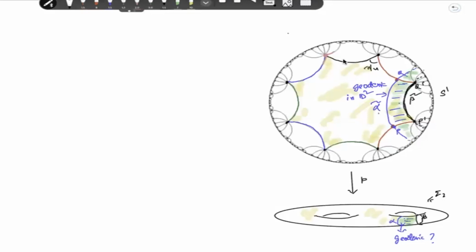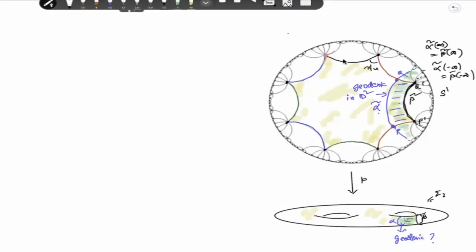The endpoints of alpha tilde and beta tilde will coincide. Alpha tilde at infinity will be the same as beta tilde at infinity, and alpha tilde at minus infinity will be the same as beta tilde at minus infinity.